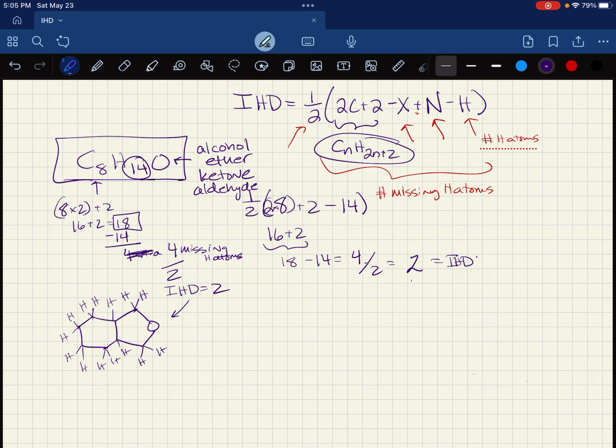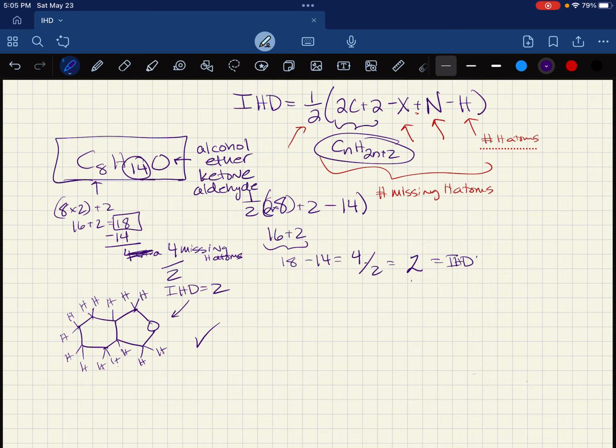So I've got 1, 2, 3, 4, 5, 6, 7, 8, 9, 10, 11, 12, 13, 14. So this is in fact C8H14O, and I used the hydrogen atoms to double check myself, but if I'm confident in my calculations, I shouldn't need to do that step.